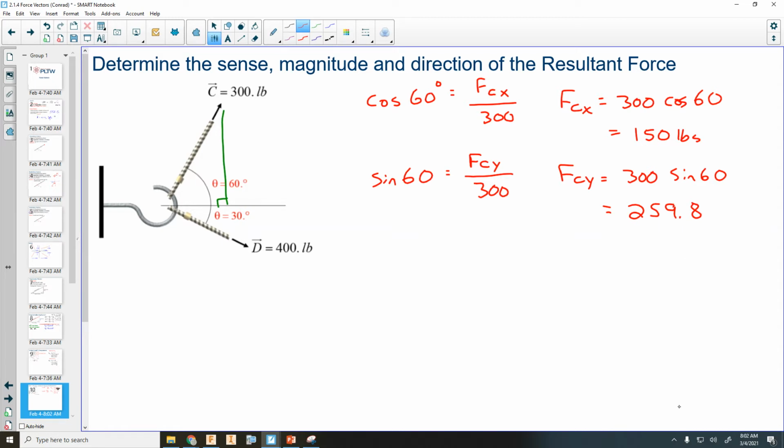Okay. So what about vector D? How do we get vector D? Help me out, guys. Anybody?